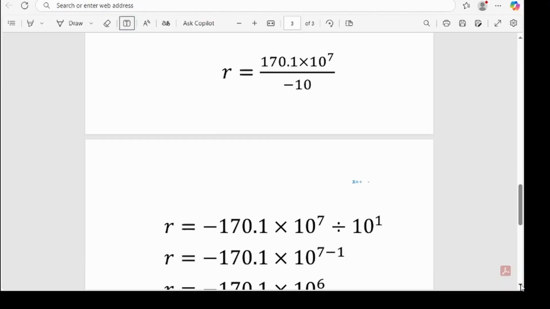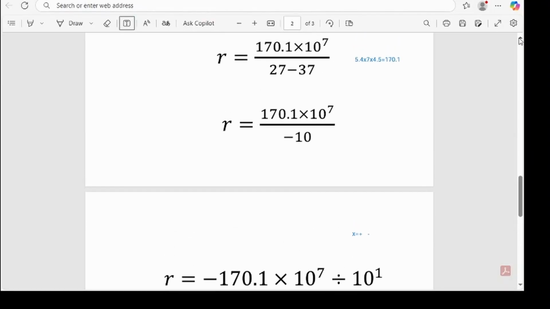So we move on to the next step, which is giving us R equals 170.1 multiplying 10 exponent 7 divided by negative 10. The negative 10, we had it as 27 minus 37 gives you negative 10, right? So this negative 10 applies to the entire fraction.